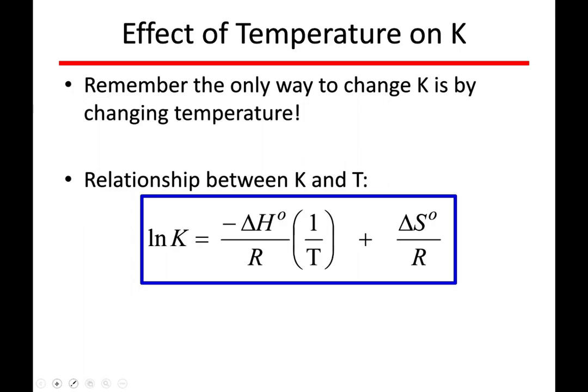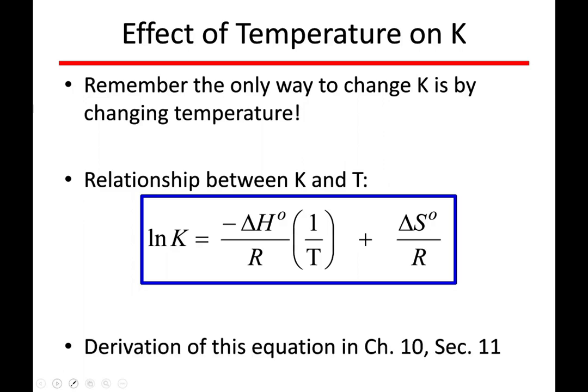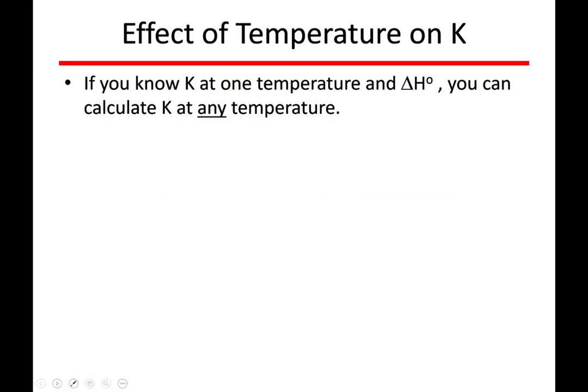Now, if you want to see where this equation came from, you could take a look at section 11 of chapter 10 to see a proof and a derivation of the equation. It's kind of a nice proof to look at to show how you can connect equilibrium to delta H and delta S. Now, you can do further manipulations of this equation to come up with something called the Van't Hoff equation.